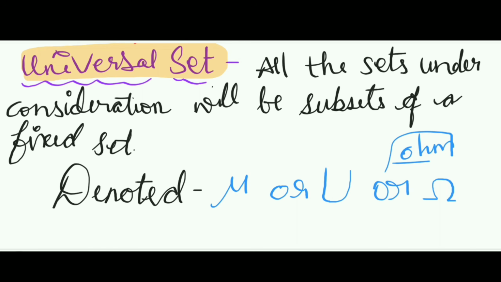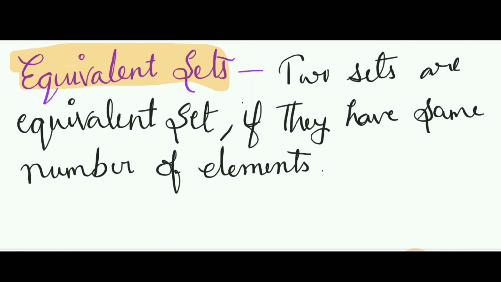Next we shall discuss equivalent sets. So what are equivalent sets? Two sets are said to be equivalent sets if they have the same number of elements. Remember this term, same number of elements.